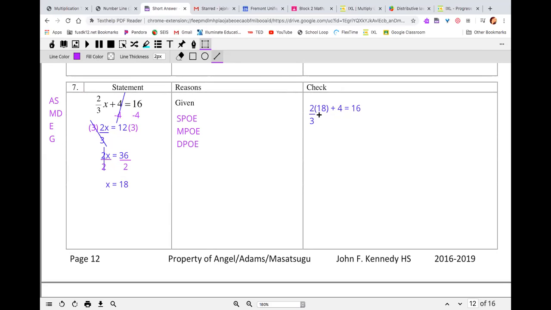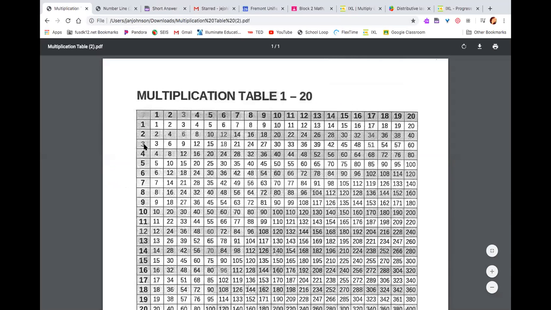So we use the line on the one on this side of the paper when we check our work. So does 2 go into 3? No. 2 cannot go into 3. But can 3 go into 18? Yes. How many times? 6 times, because 3 times 6 is 18.